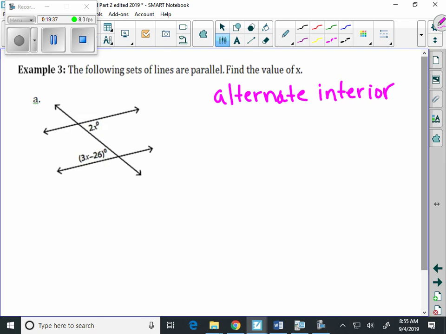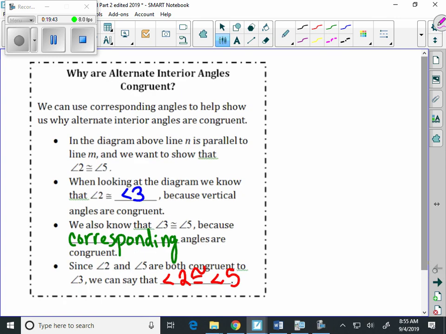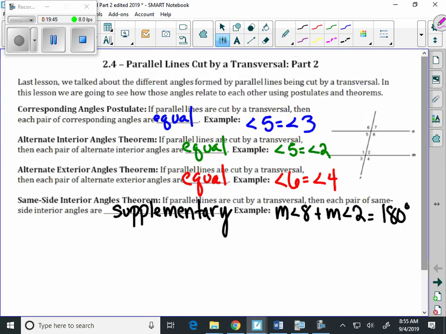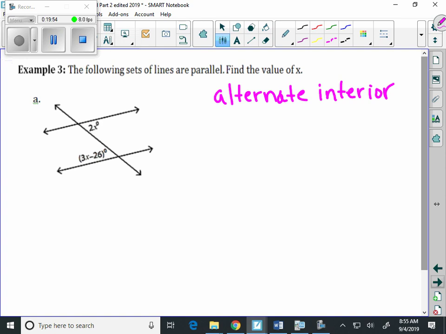And on alternate interior angles, if we look back to our theorems and postulates, it says if parallel lines are cut by a transversal, then each pair of alternate interior angles are equal. So that means, when we look at this problem here, we can take 2x and set it equal to 3x minus 26.